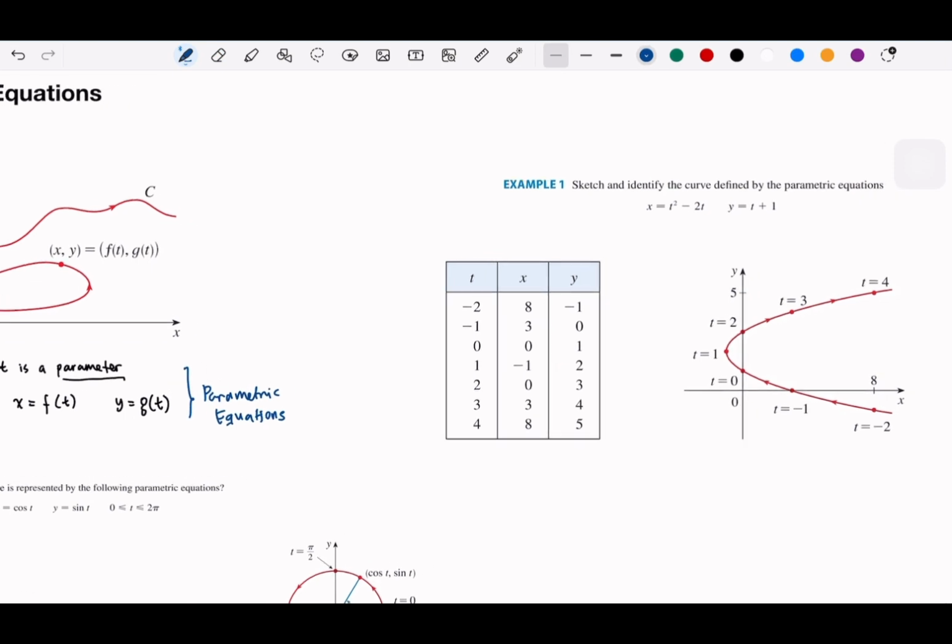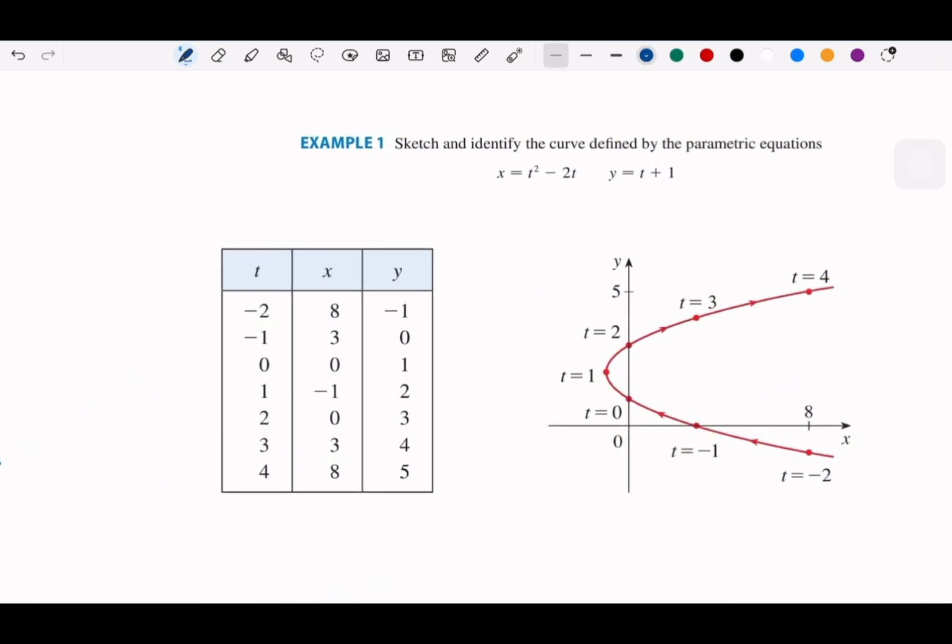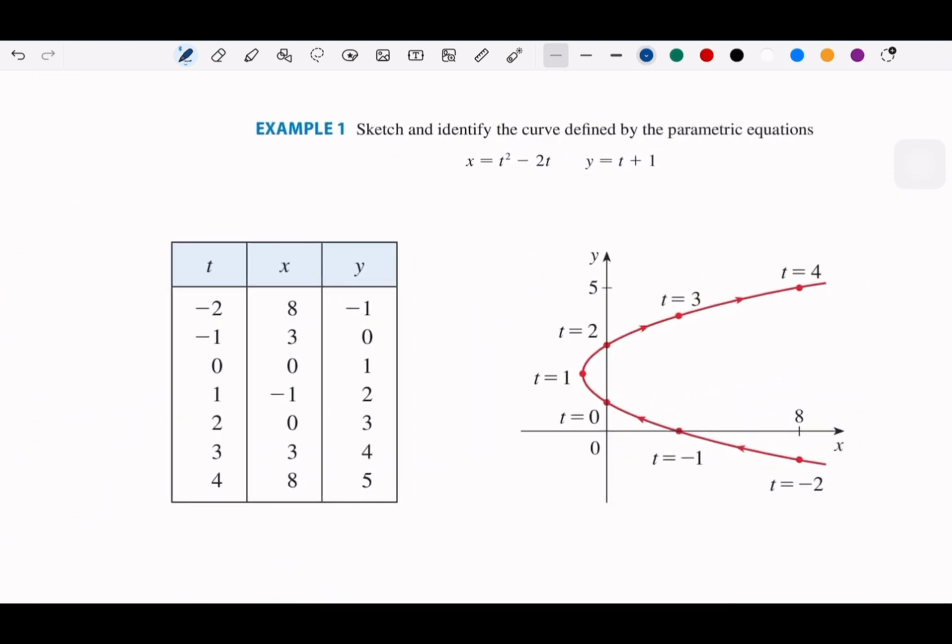Now, just to simplify and make sense for your logic, this t should be the same parameter, right? x and y both have t, right? So we can try to substitute and see whether we can solve the equation itself, just to make sure that we are doing the right thing. Let's say we start from here, that t will be y minus 1.